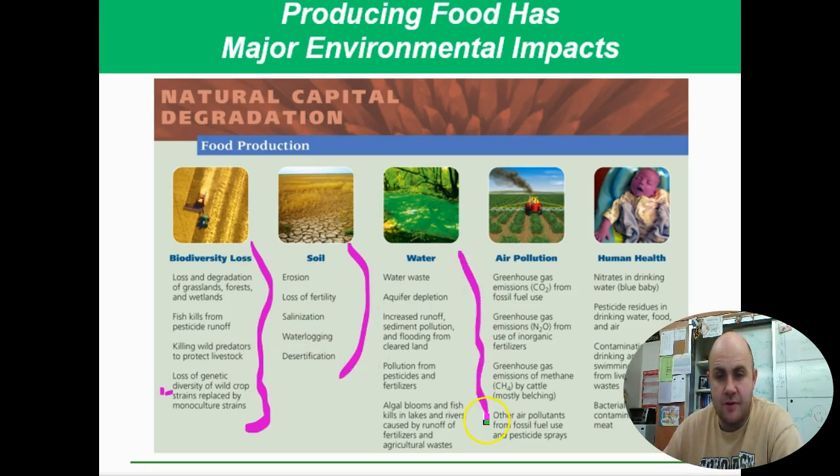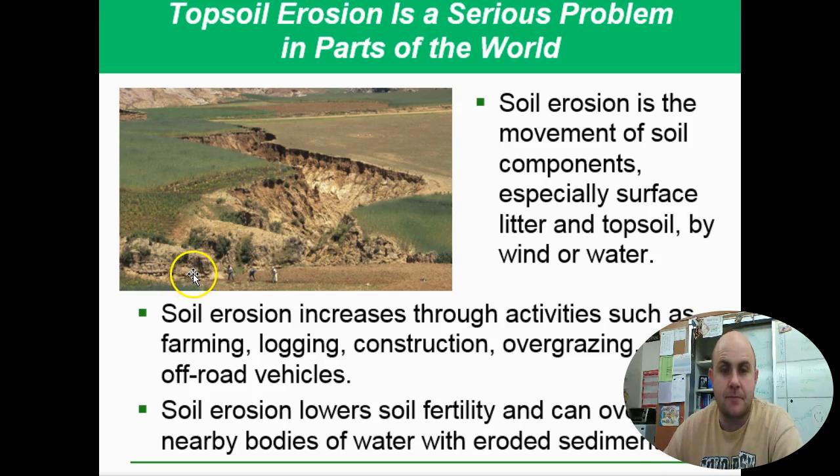There's water issues, there's air pollution issues, and there's human health issues, all as a result of food production. And so it's something that touches everything. We need it. We need to eat, of course, but then there's a cost-benefit analysis we have to do, and maybe ways to optimize the benefits without so many harms.